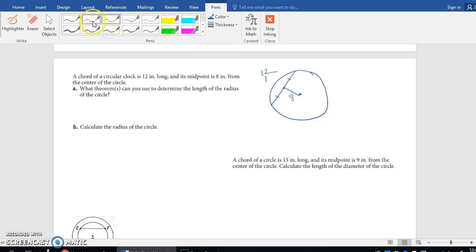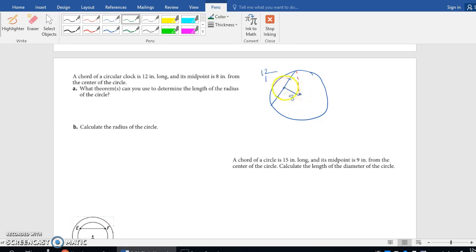So now I am searching for the radius of this circle. And since I bisected this chord, and this is coming from the center of the circle, I automatically know from, what is that, rule number 1, that this is a right angle.